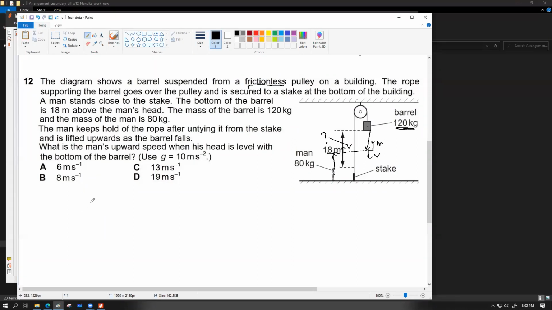So here is what I can write: delta GP of barrel should be equal to delta GP of person plus K of barrel plus K of person. What is really important is for you to appreciate this idea.